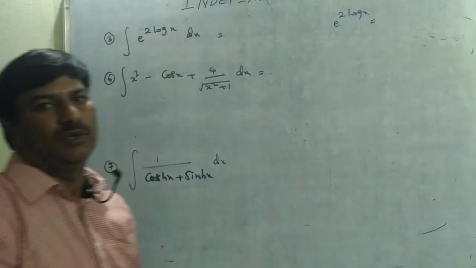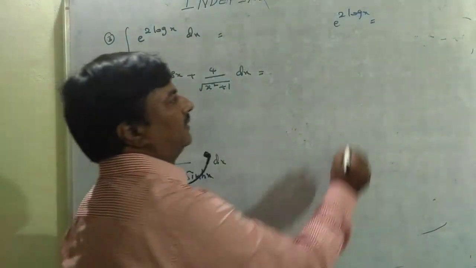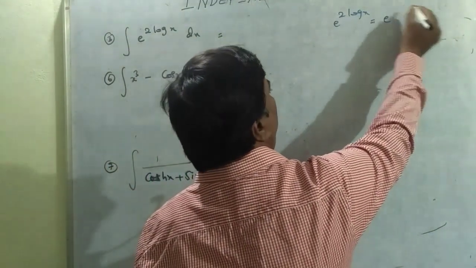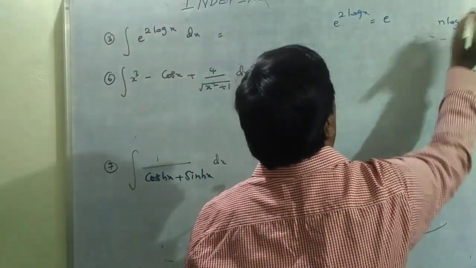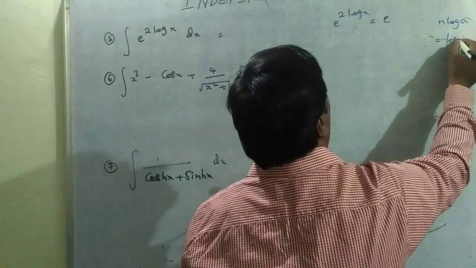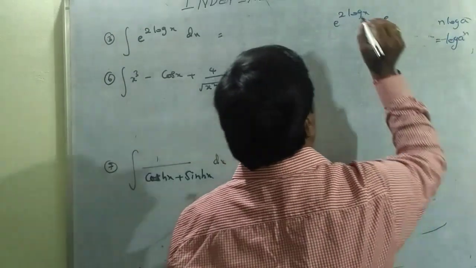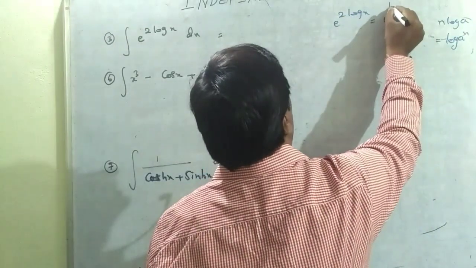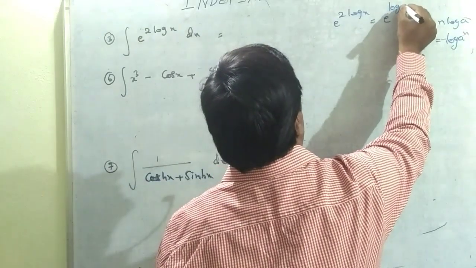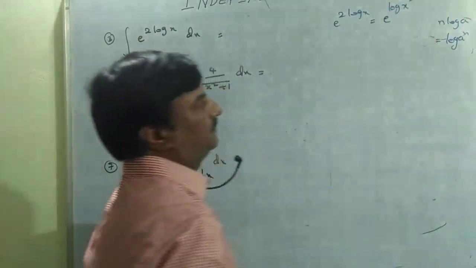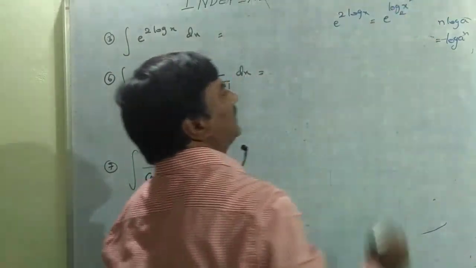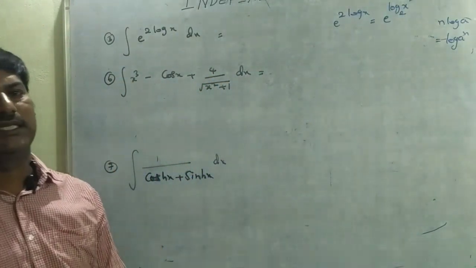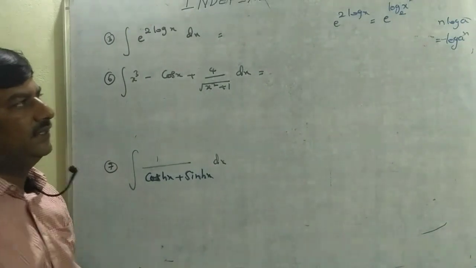We use the formula n log a is equal to log a to the power n, so we get log of x to the power of 2. Here the base is e, since nothing is given in the logarithm, so we consider the natural logarithm, base e.